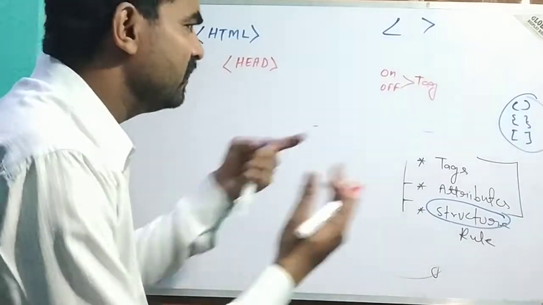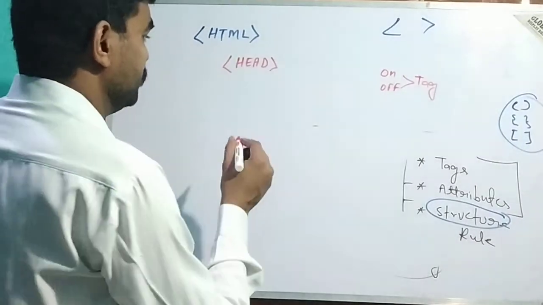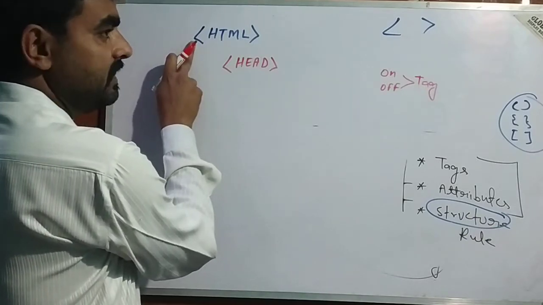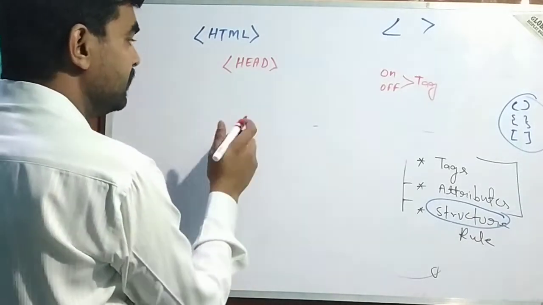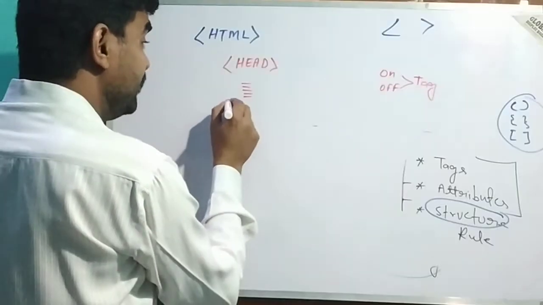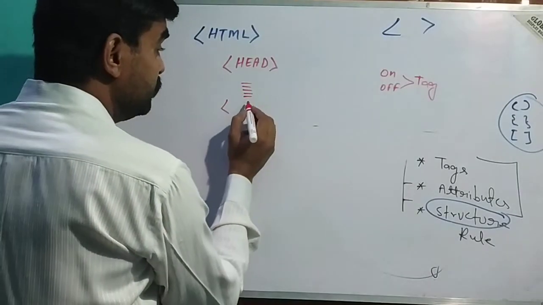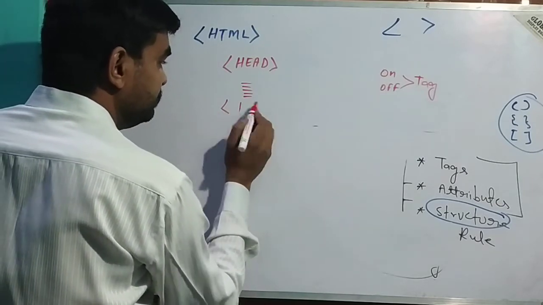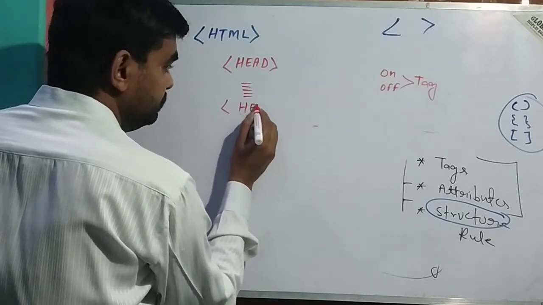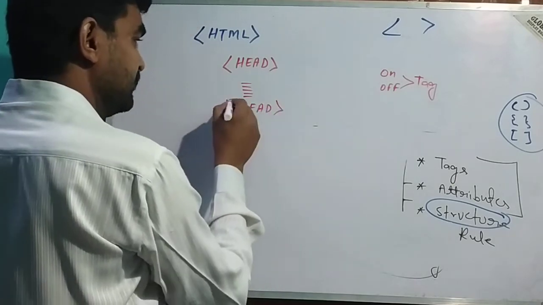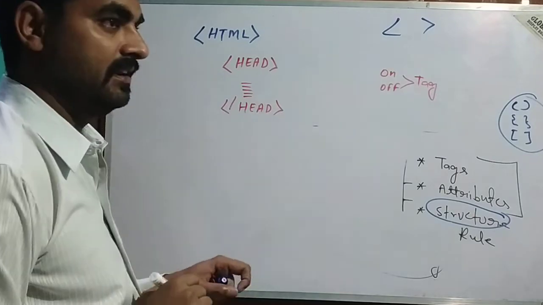What is an example of on tag and off tag? I am giving you. In the structure, the first thing will be the HTML tag, the second thing is the head tag, a few lines of code will be there, and then a new thing you will see: head with a slash symbol.